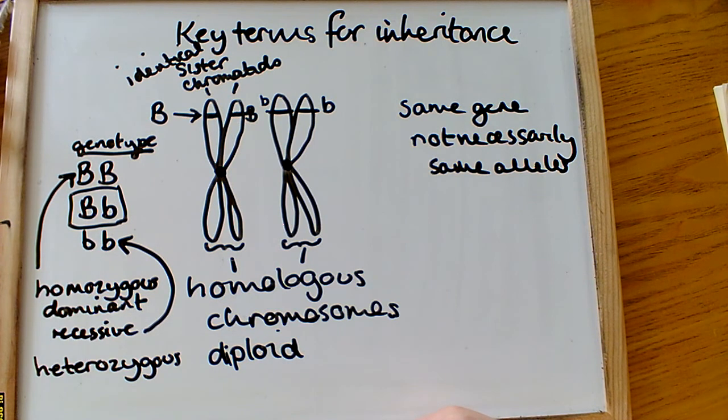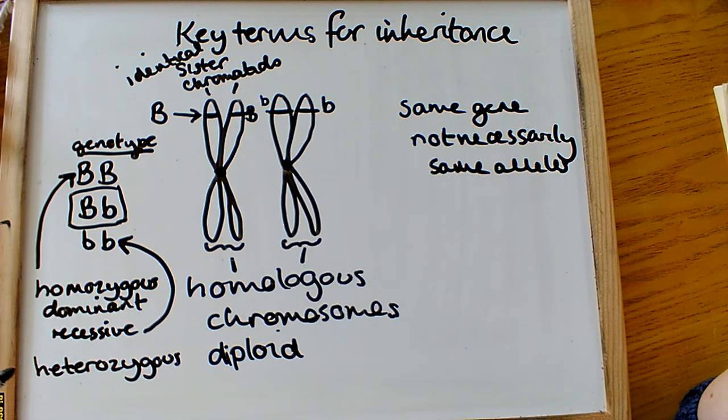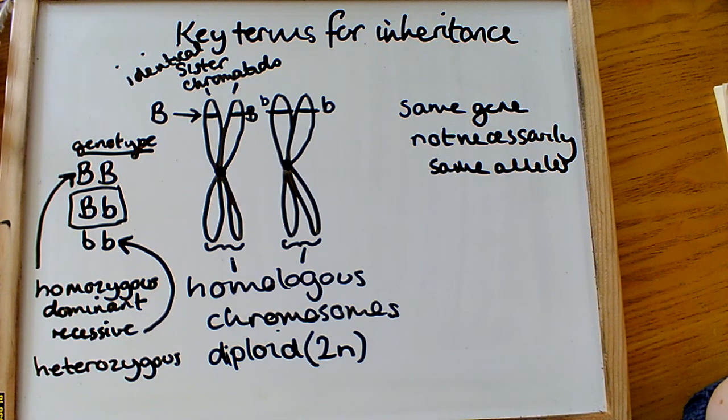Okay, so we've got quite a lot of key terms here. We're reminding ourselves about chromosomes, and what a homologous pair of chromosomes is: same genes, but not necessarily the same alleles. We've reminded ourselves what diploid is. Diploid is the same as 2n. So for humans, our diploid number is 46.